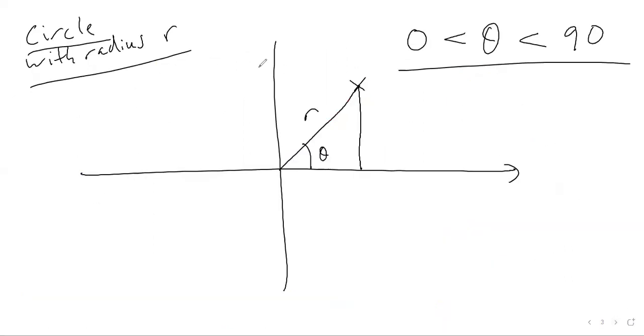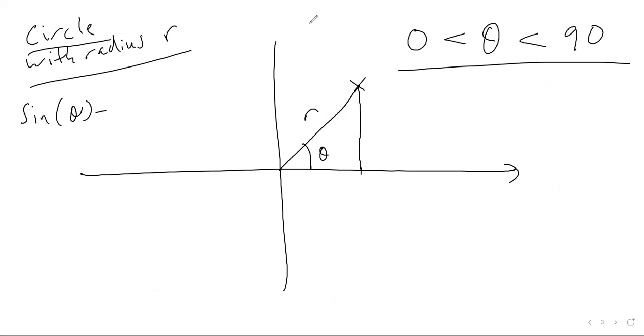Now, how about if you've got a radius of r? Let's think about the sine and cos functions when you have an angle theta between 0 and 90 degrees. Obviously this is 90 degrees, and 0 degrees would just be the flat line down there. So we start with sin first.